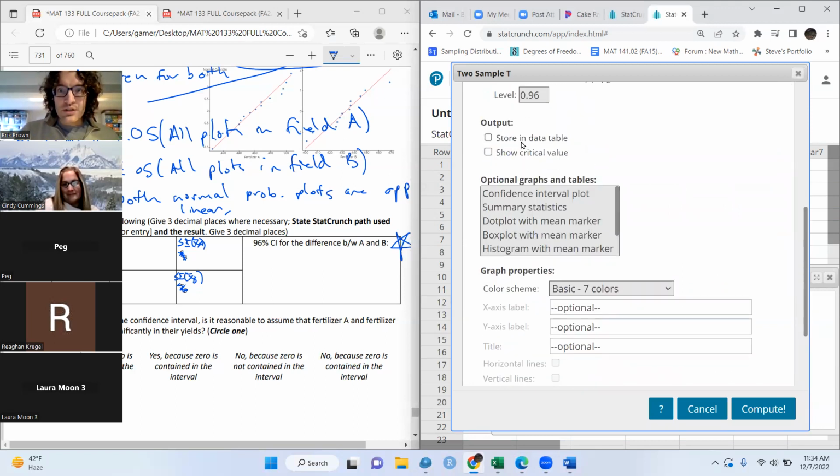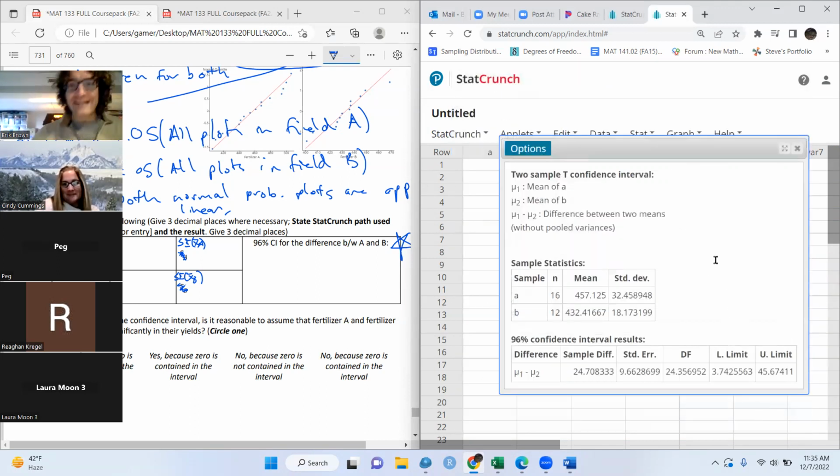I'm doing it on my phone, so it might be a little different, but it let me select a whole bunch of stuff. Summary statistics, right there. That's what I got. That's beautiful, thank you, Reagan. That's better. Why don't we just do that? Because then it's all there.